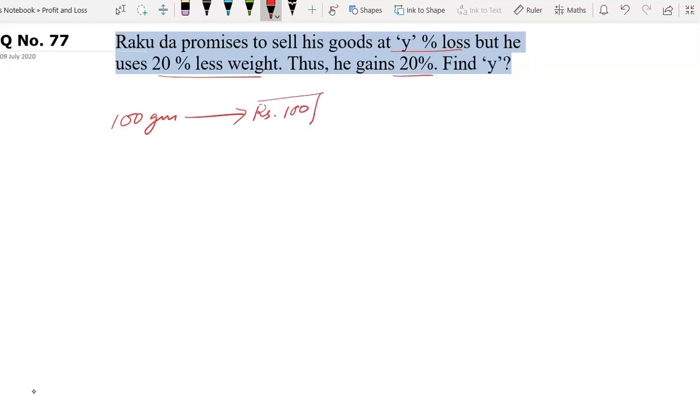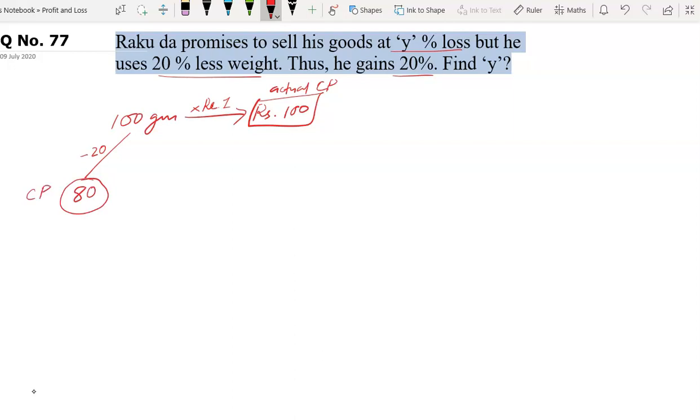This is the actual cost price. So 1 gram will cost him how much? Rupee 1. Now he uses 20% less weight, so minus 20. So he's selling only 80 gram, and 80 gram will cost him how much? Rupees 80.